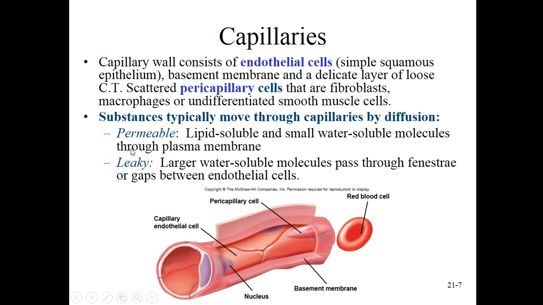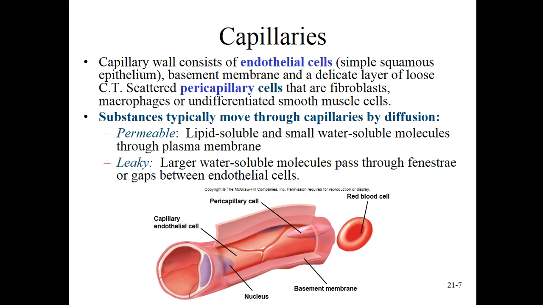Think about a really extreme example like a sprained ankle or an infection. We see huge bulk swelling called edema. And edema is really the result of these capillaries being made super leaky by chemicals like histamine.